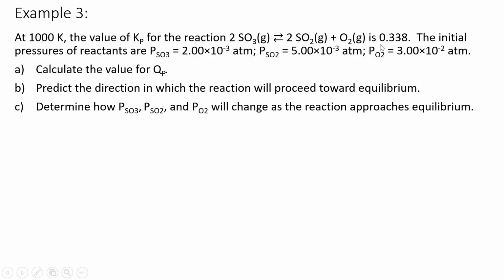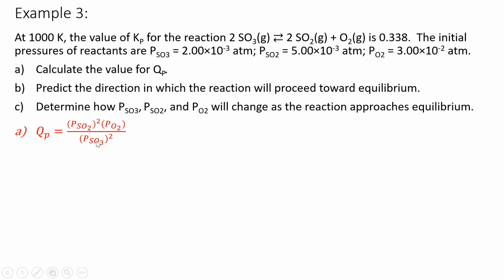Remember, we're looking only at gases, but all of these are gases in this problem. So here's our Qp expression. Again, the pressure of SO2 squared, times the pressure of oxygen, divided by the pressure of SO3 squared. The exponents come from the coefficients.